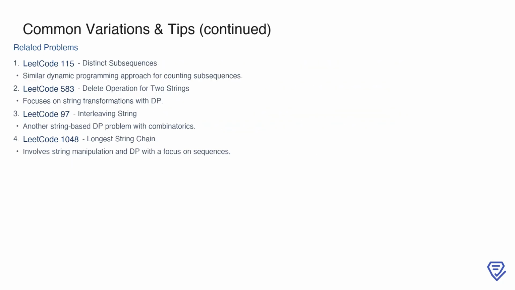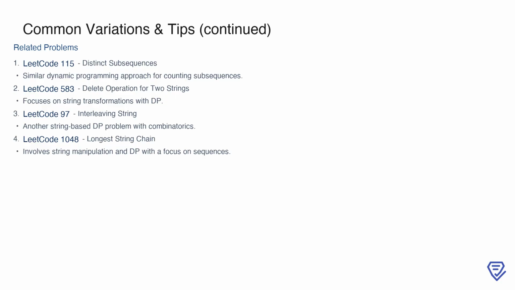This problem has connections to several other dynamic programming problems that you might encounter. For example, LeetCode 115, Distinct Subsequences, shares a similar DP approach for counting subsequences. It's a good practice problem to build foundational skills for this one. Another related problem is LeetCode 583, Delete Operation for Two Strings, which focuses on transforming strings using dynamic programming.